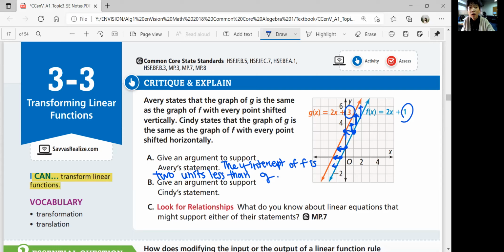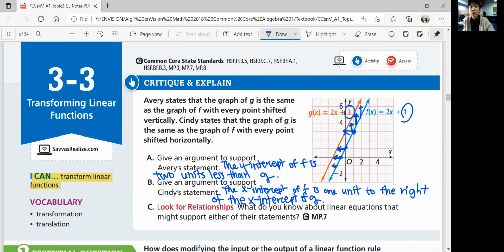So you can say the x-intercept over here of F is 1 unit to the right of the x-intercept of G.